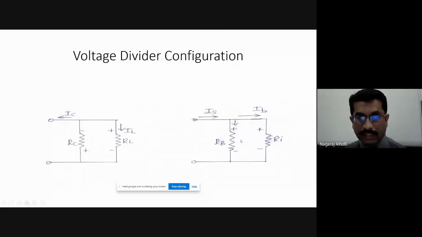It is positive here, negative here: current entering positive, current leaving negative. Now the current flowing through RB is how much? This current is IS, this current is IB. Apply KCL. Tell me, what is the current flowing through RB?